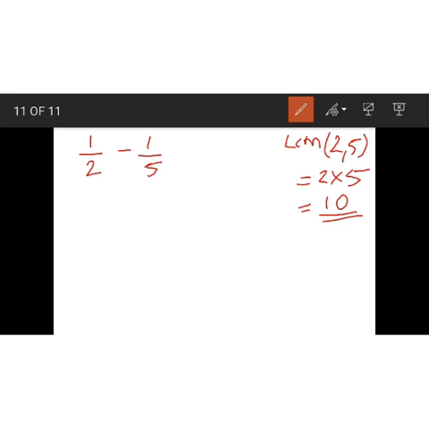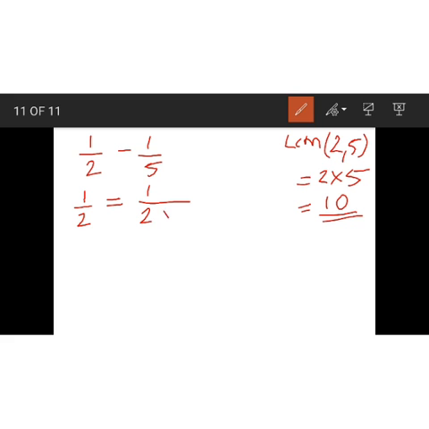Now we have to convert the fractions into equivalent fractions with the denominator as 10. First we'll convert 1 by 2. We have to convert the denominator into 10. With which whole number should we multiply the denominator?